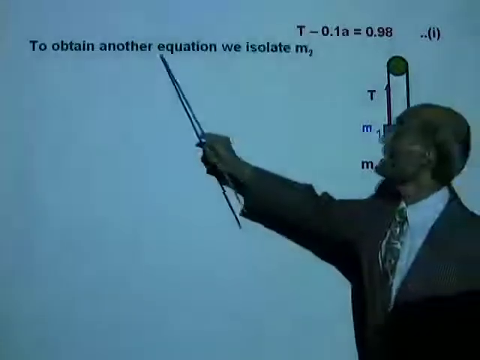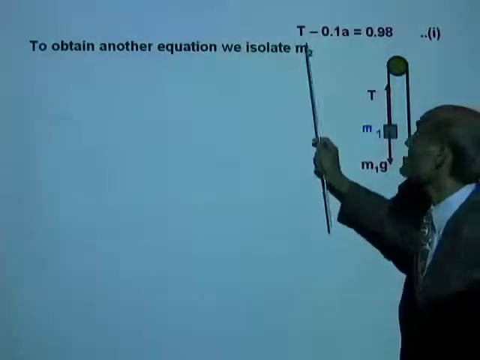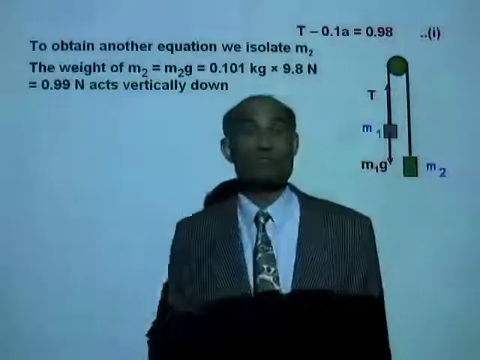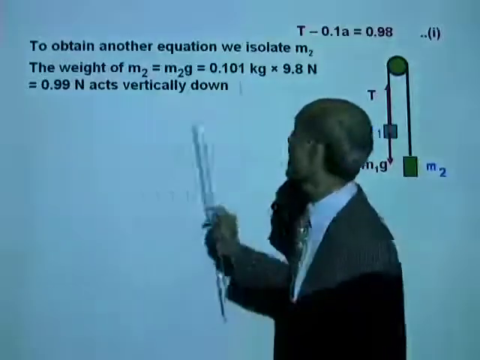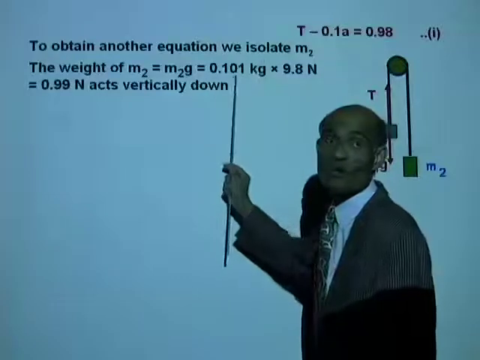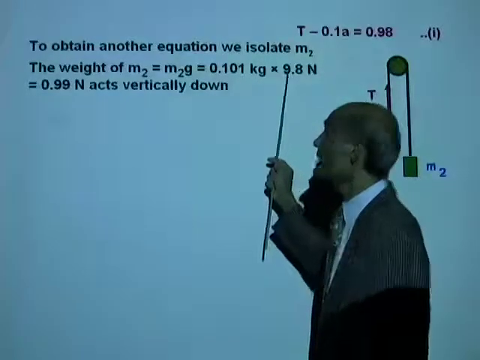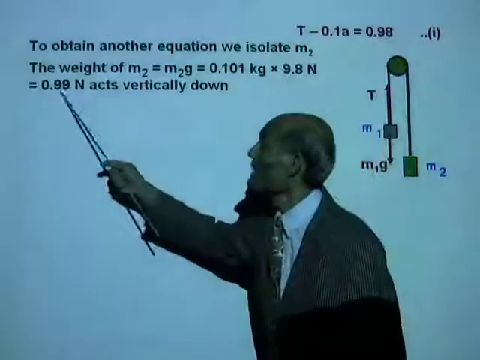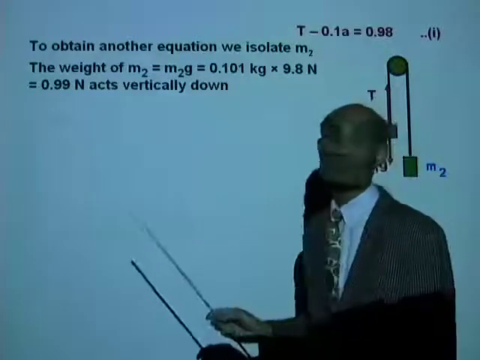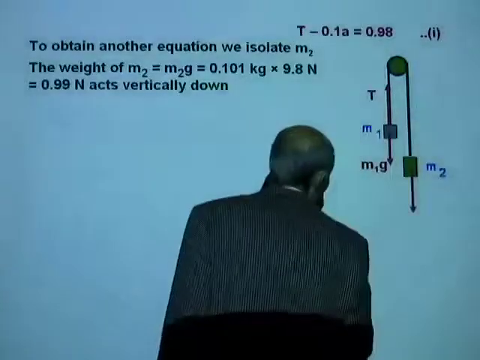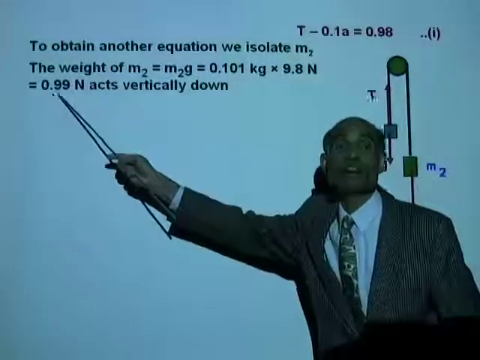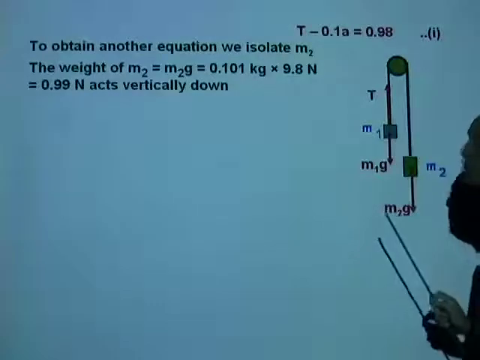To obtain another equation, we isolate M2. The weight of M2, what is the weight of M2? M2G. Now, M2 is 101 gram, that is 0.101 kilogram. Multiply that by G and you get the weight is 0.99 Newton. And that acts vertically down. M2G equal to 0.99 Newton is acting vertically down.